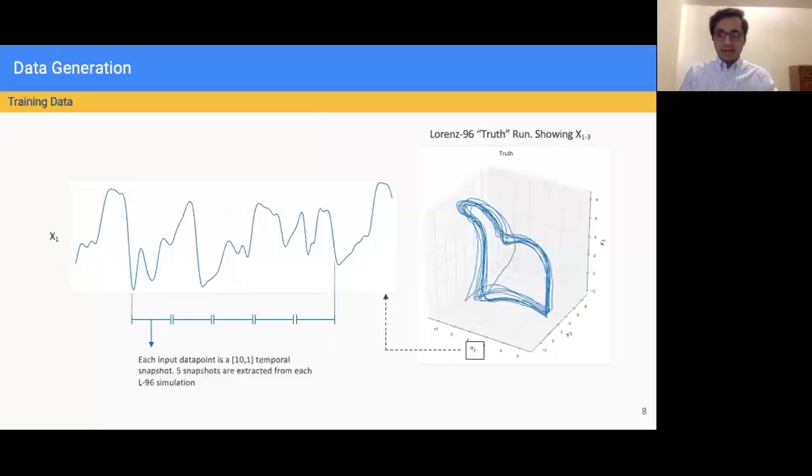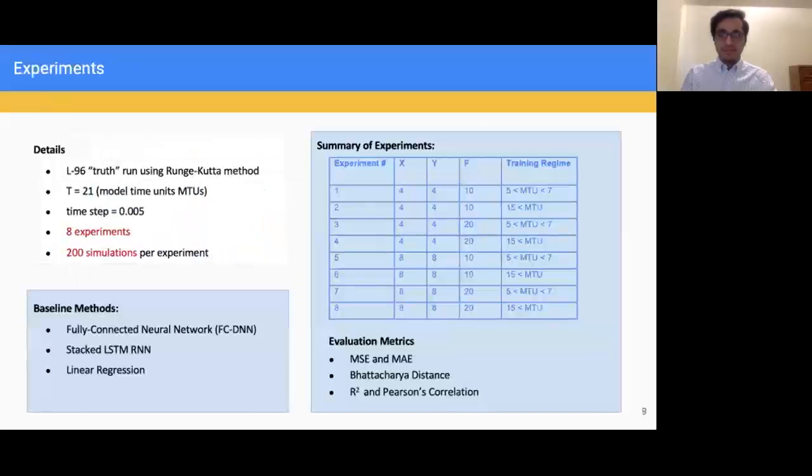To prepare the training data, we first generate multiple true simulations of L96 for different parameter configurations. From each time series that is generated, we extract a temporal snapshot which makes one input data point. The target variable corresponding to the input is the parameter h used to generate the time series. We conduct a total of 8 experiments with 200 simulations each for different configurations of the parameter h.